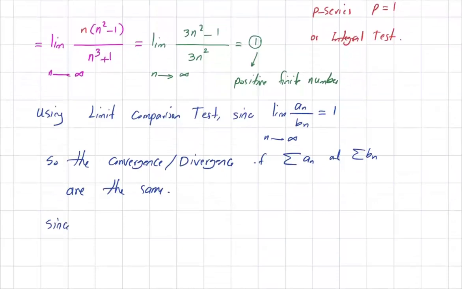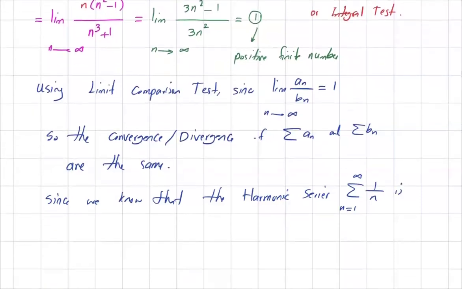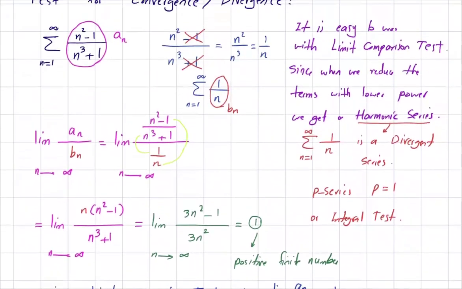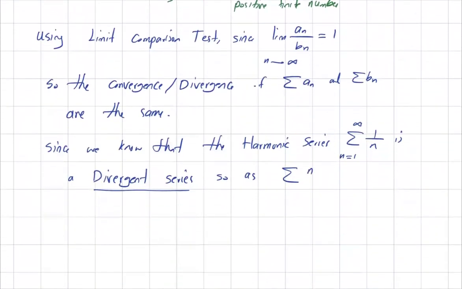Since we know that the harmonic series, the summation of 1 over n from 1 to infinity, is a divergent series, so is the summation of, what was our series, n squared minus 1 divided by n cubed plus 1, starting from 1 and going to infinity.